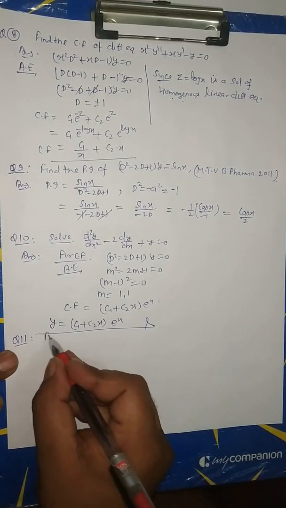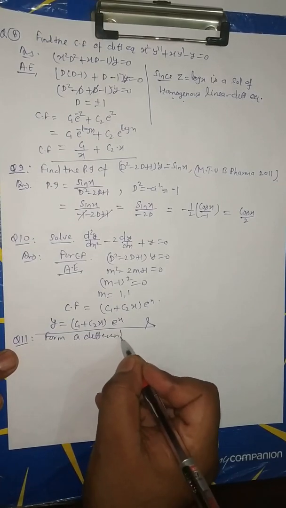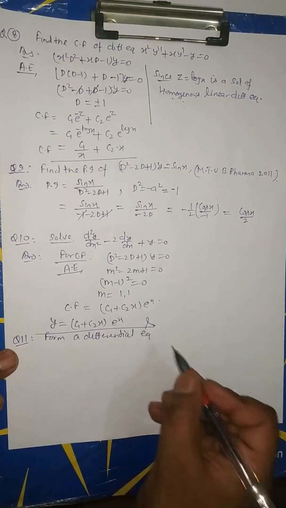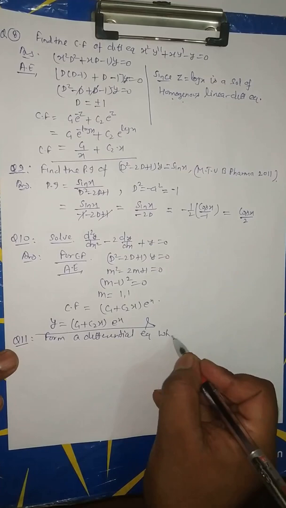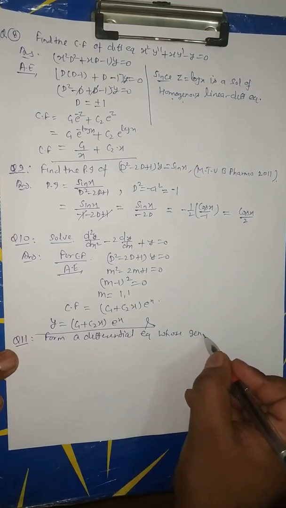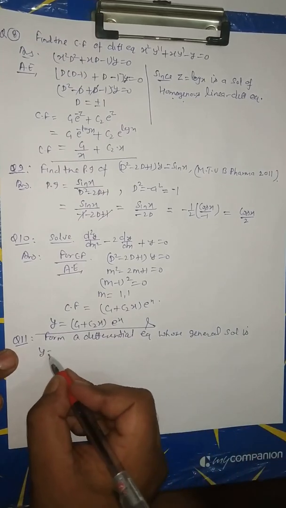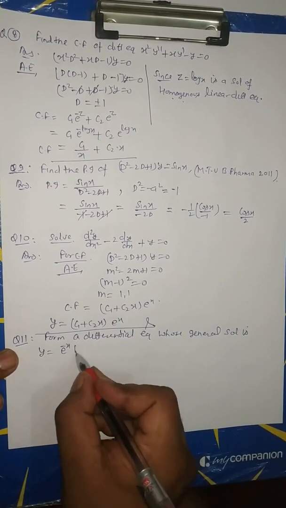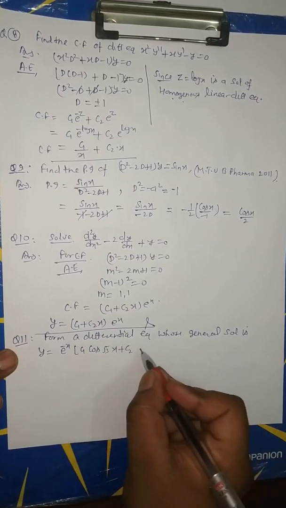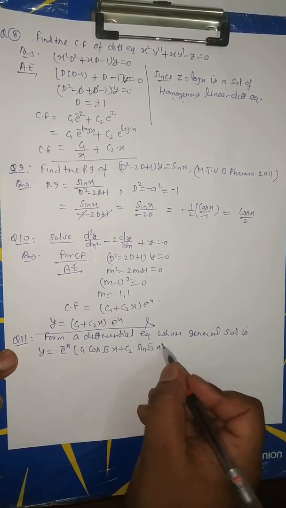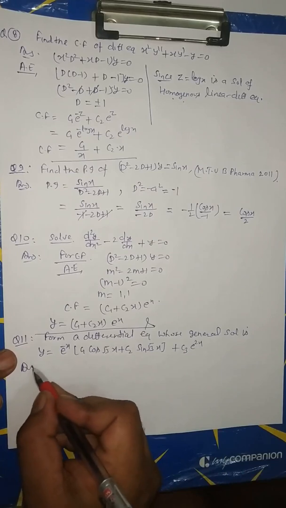Question number 11. Form a differential equation whose general solution is y equal to e to the power minus x (c1 cos root 3 x plus c2 sin root 3 x) plus c3 e to the power 2x.